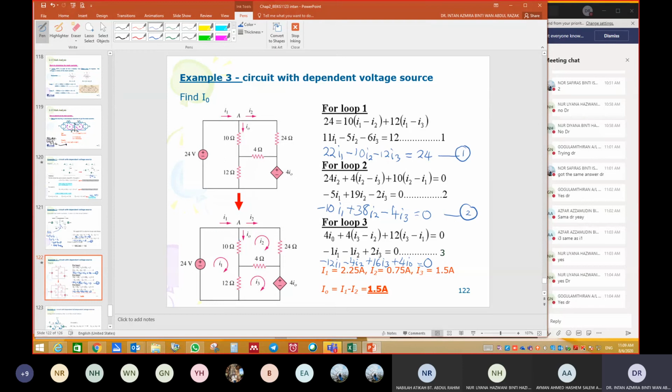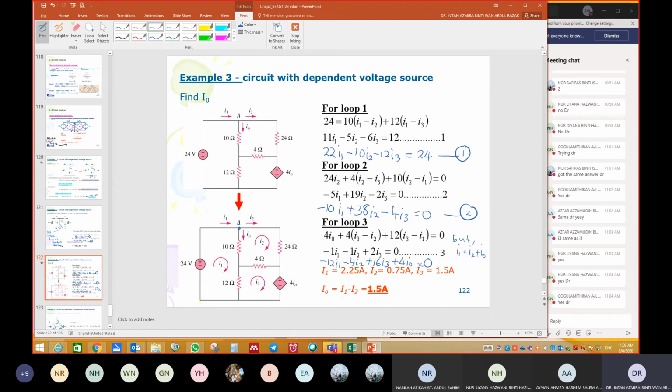Now we know that I0 is here. If we apply KCL here, so I1 is equal to I0 plus I2. Okay, I1 is equal to I2 plus I0.